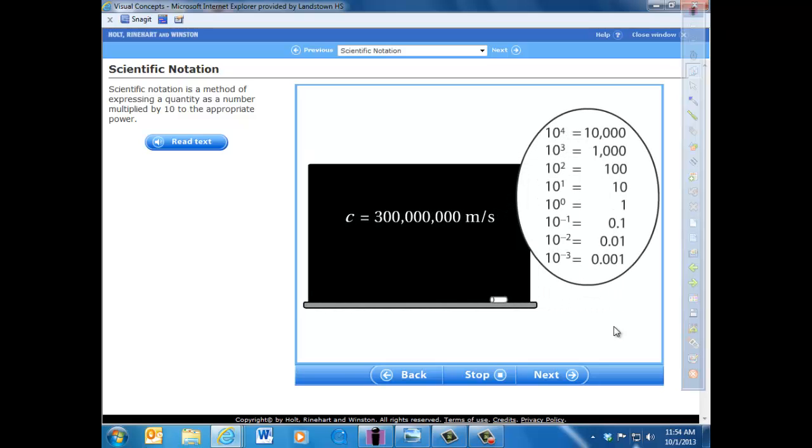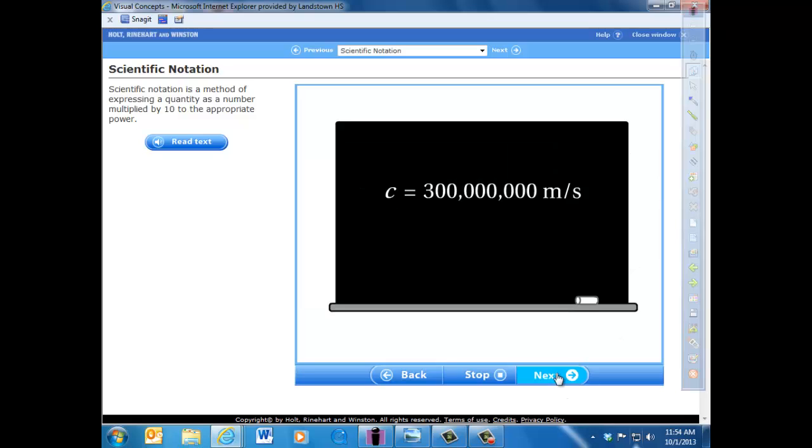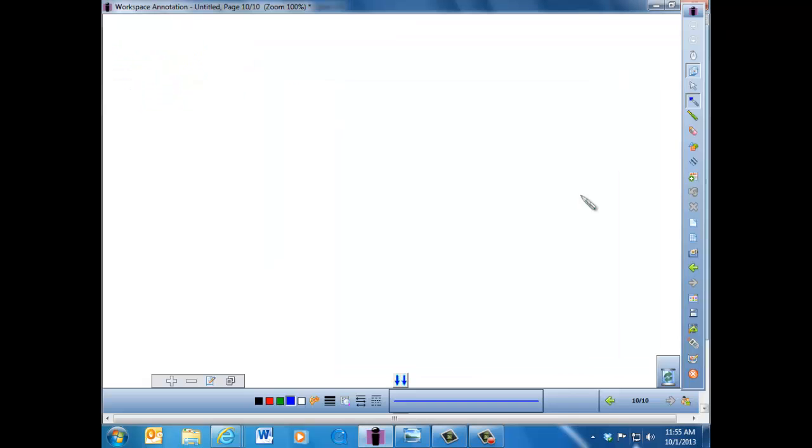This is called scientific notation. There are 8 decimal places to the right of the 3 in 300 million. So using scientific notation, the speed of light through space is written as 3 times 10 to the 8th meters per second.